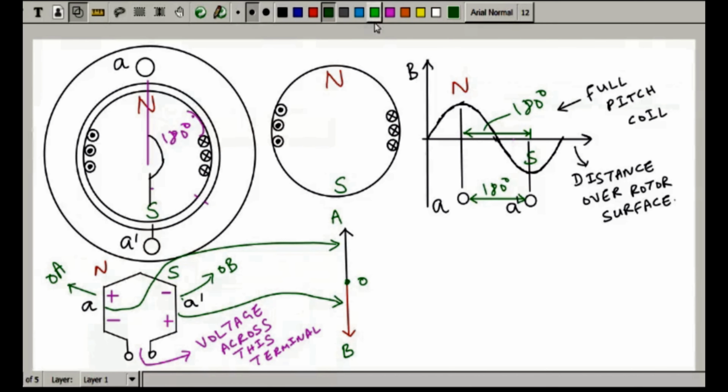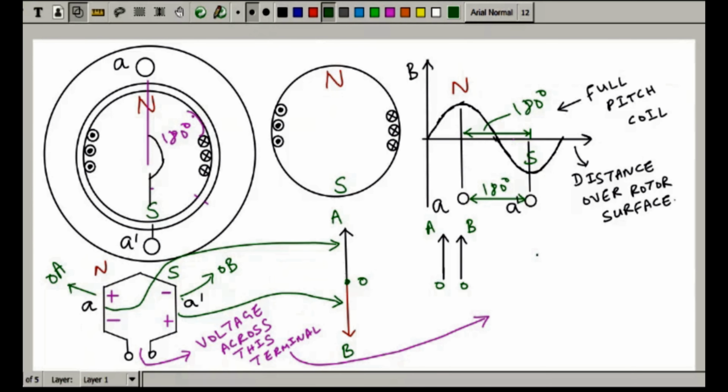But what is the voltage across these terminals? The answer will be OA plus OB.